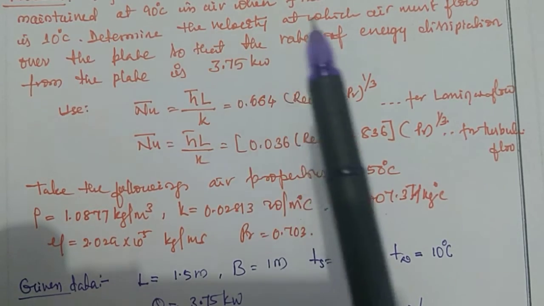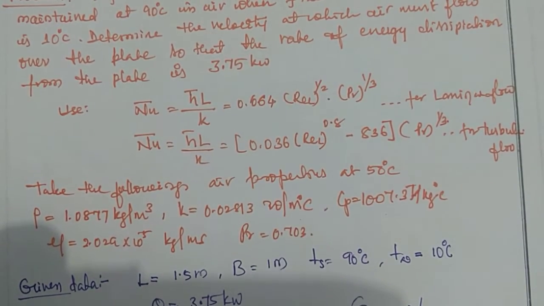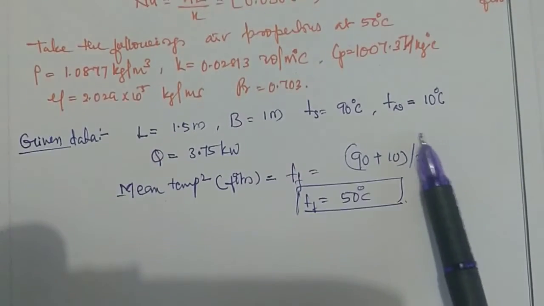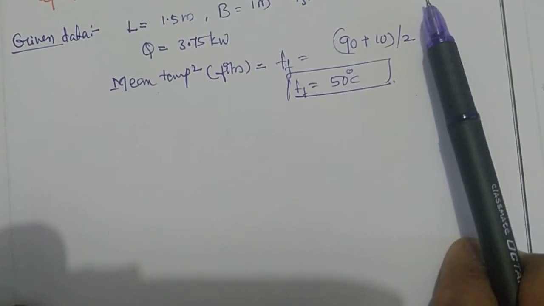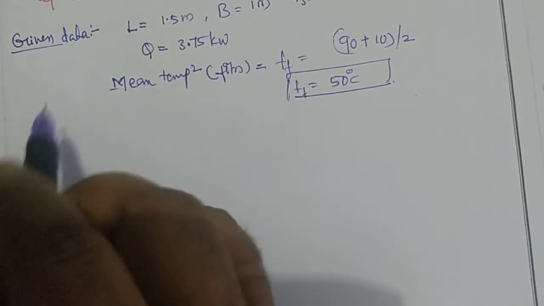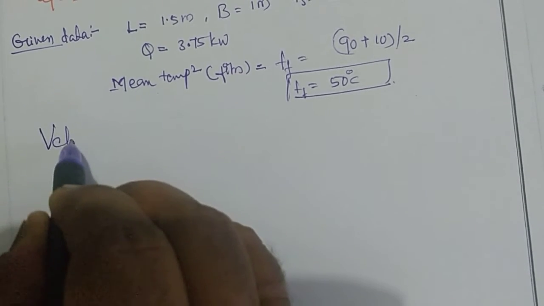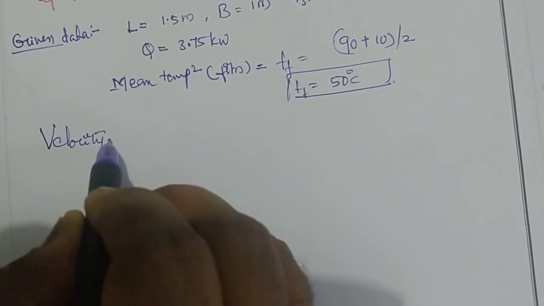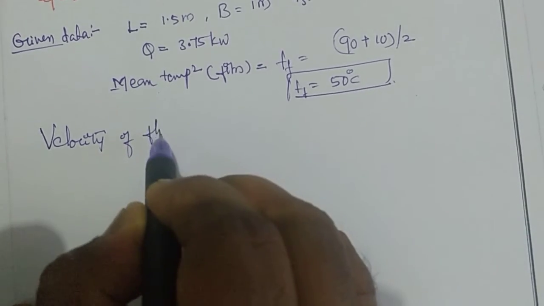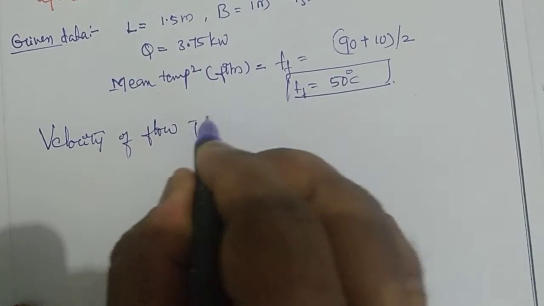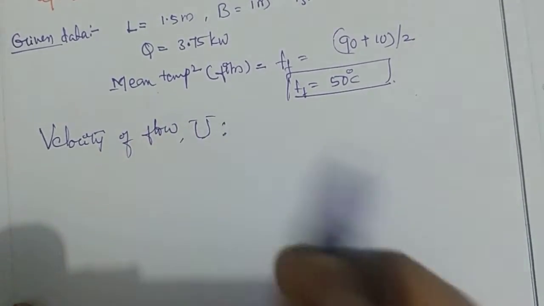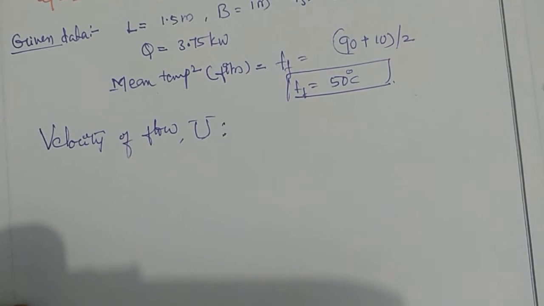We have to find out what is the velocity. Very clear cut question. The velocity of flow, how much, that we have to calculate, that is capital U.